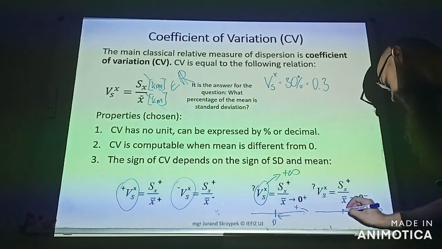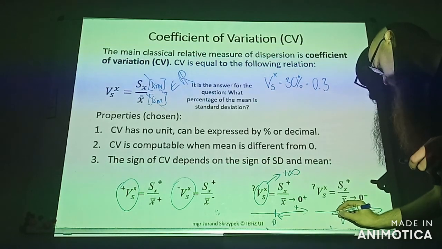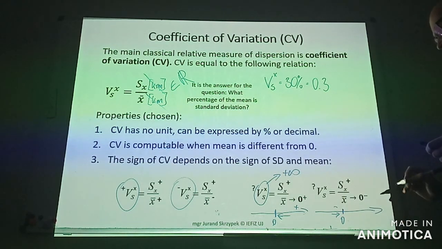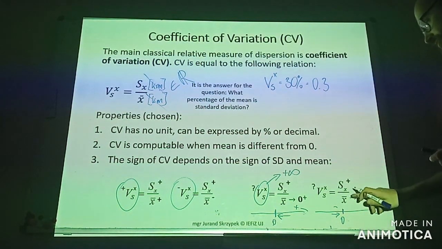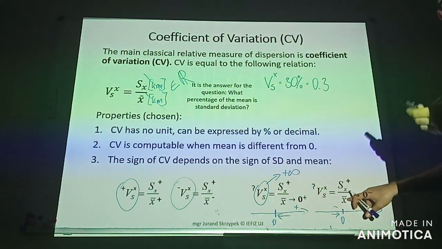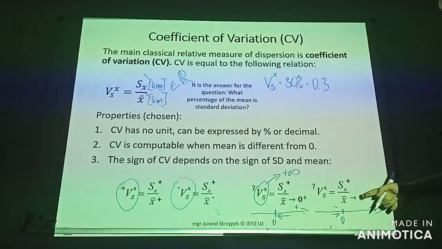Of course, we can also meet the situation in which arithmetic mean is approaching 0 from the left side, through negative numbers. So we divide the constant by ever smaller and smaller negative numbers. So it means that we multiply the constant by ever larger and larger negative numbers.